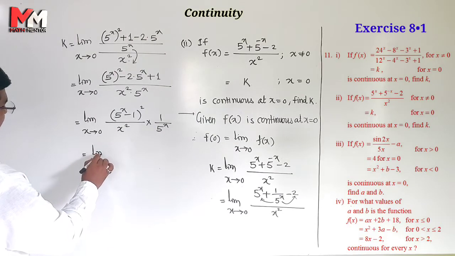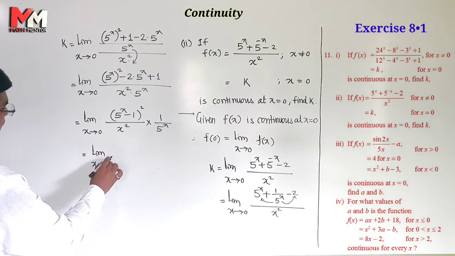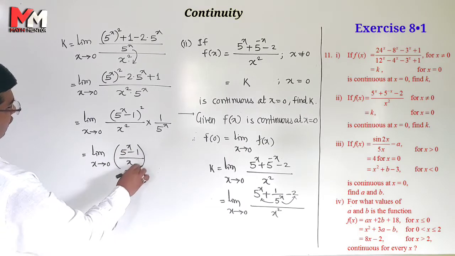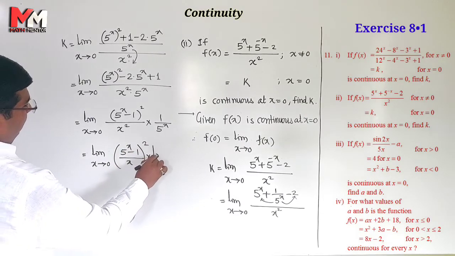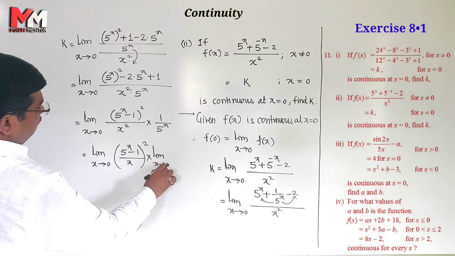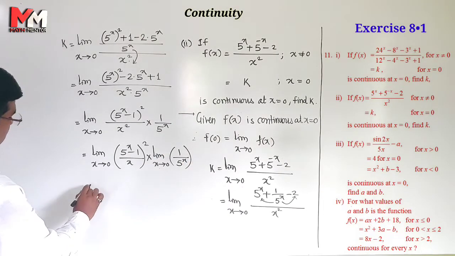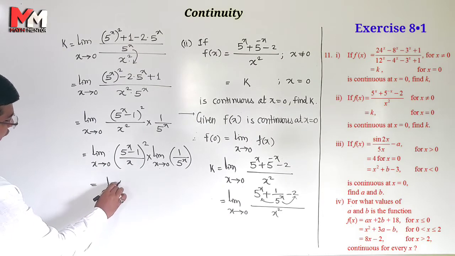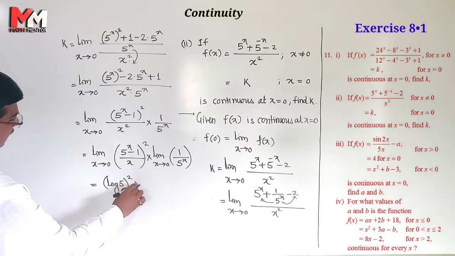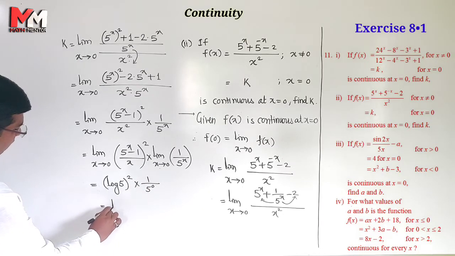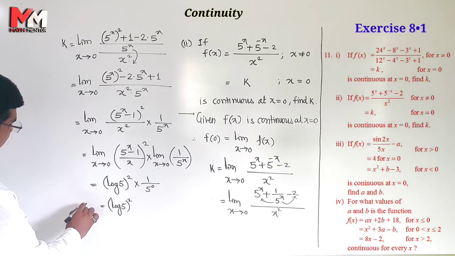So limit x tends to 0, 5 raised to x minus 1 by x whole square, into limit x tends to 0, 1 upon 5 raised to x. So the limit of the first is log 5 whole square, into 1 upon 5 raised to 0, which is 1. 5 raised to 0 is 1, 1 square is 1, 1 by 1 is 1.